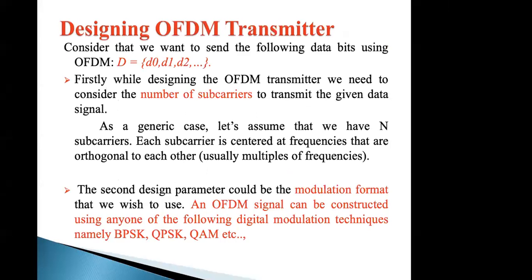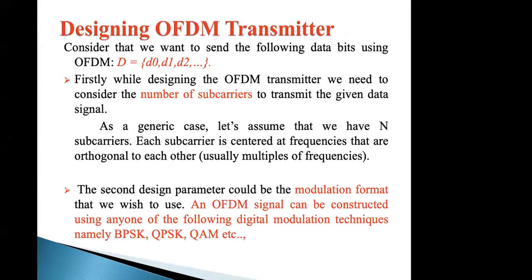So how do you design this OFDM transmitter? Generally, we take the bits, and while designing the OFDM transmitter, we need to consider how many subcarriers to use to transmit the given data signal. Suppose I want to transmit in QAM or QPSK format. QPSK takes 2 bits at a time.